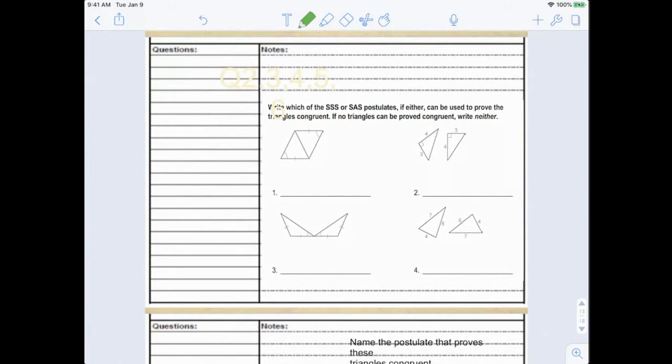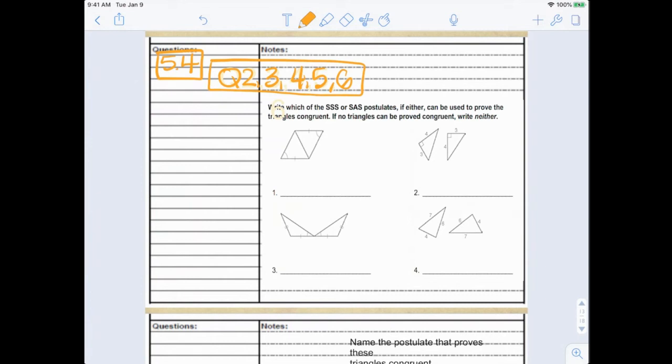So in 5.4, some are multiple choice, some you're doing and explaining. Questions 2, 3, 4, 5, and 6. 5 of your 10 questions on here are going to basically say, are these congruent by side, side, side, side, angle, side, angle, or none of the above?